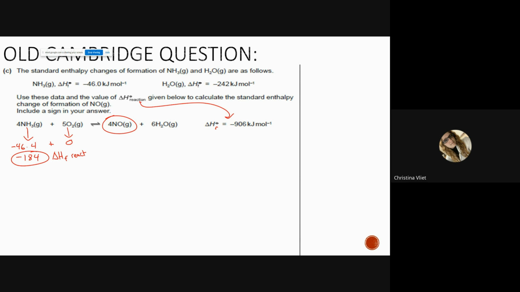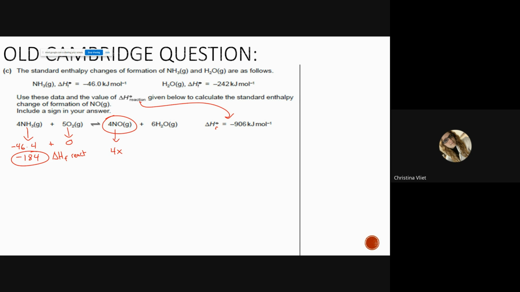Now for the products. What is the delta HF for NO? What would we call it if we don't know it? X. It is 4x, because I'm looking for one NO, since it's kilojoules per 1 mole, and there's a 4 in front.